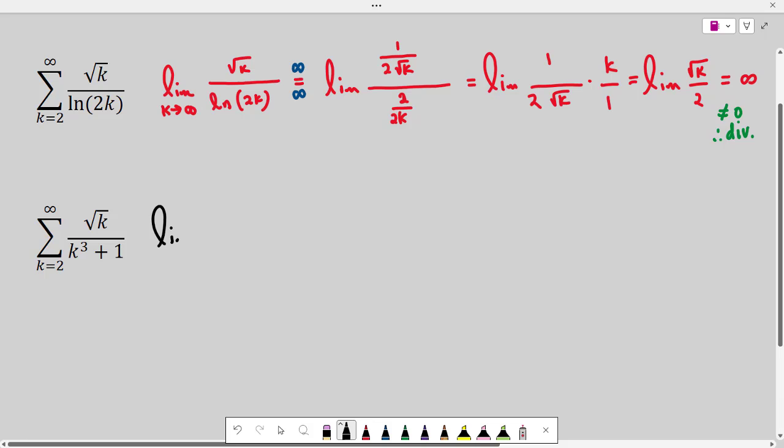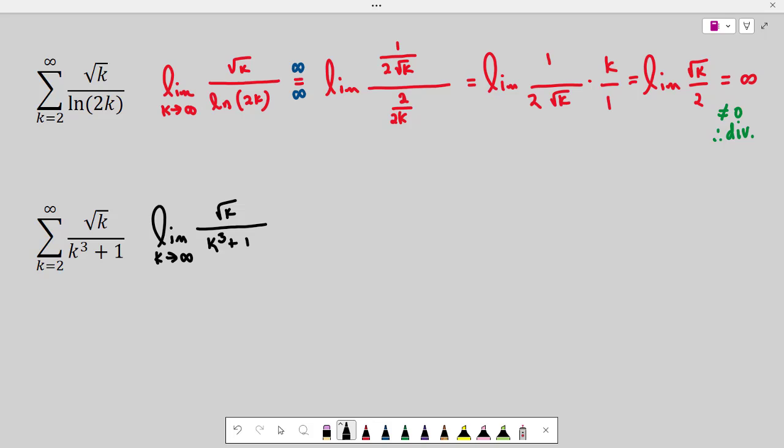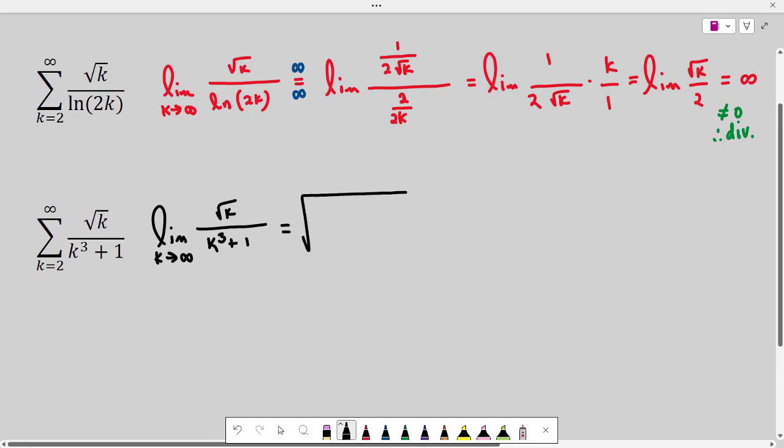Another one here, we're going to take the limit as k goes to infinity of root k over k cubed plus 1. The simplest way to deal with a fraction that's got one part square rooted is to push the limit inside and to turn the denominator into the square root of a square.